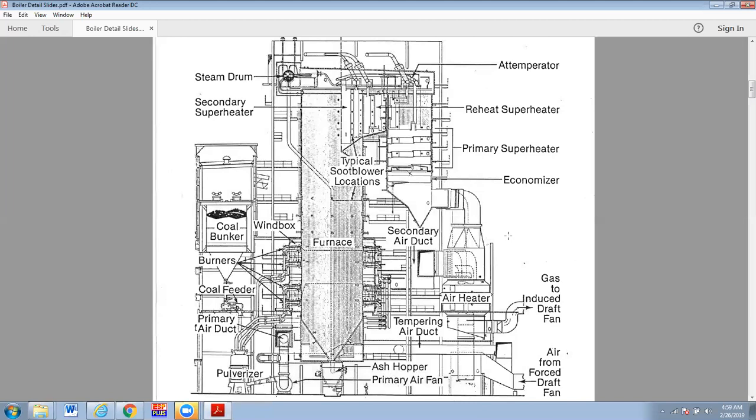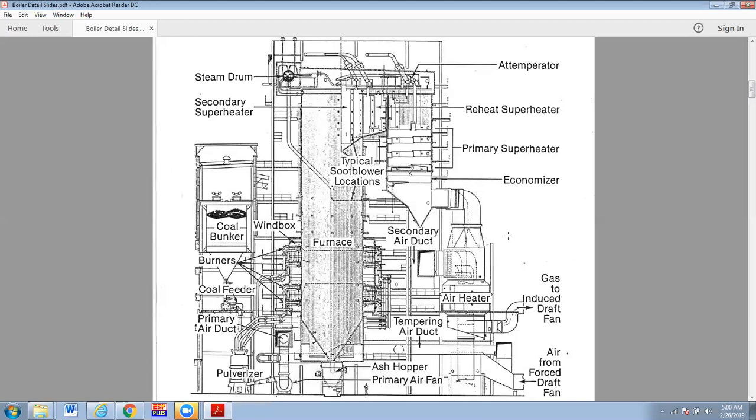So capacity control on those fans is very important to make sure that we keep our pressurization about correct on the boiler. Okay, so the air is blown in from the FD fan, and then down at the bottom of the boiler, we see a pulverizer, and then we see a primary air fan.